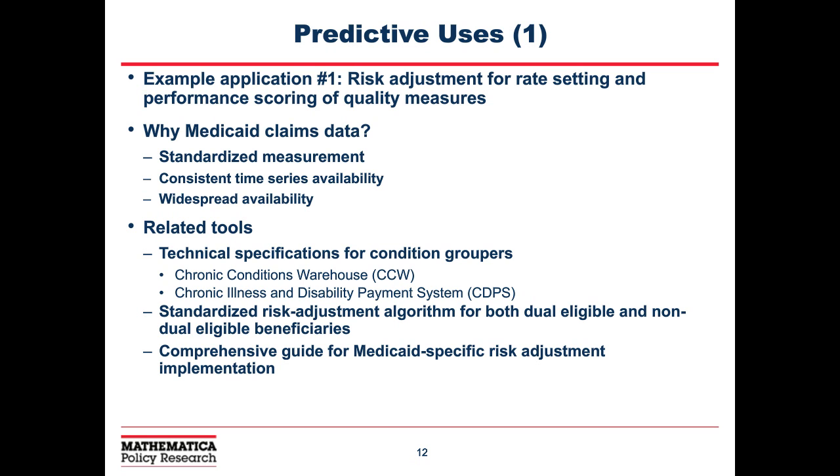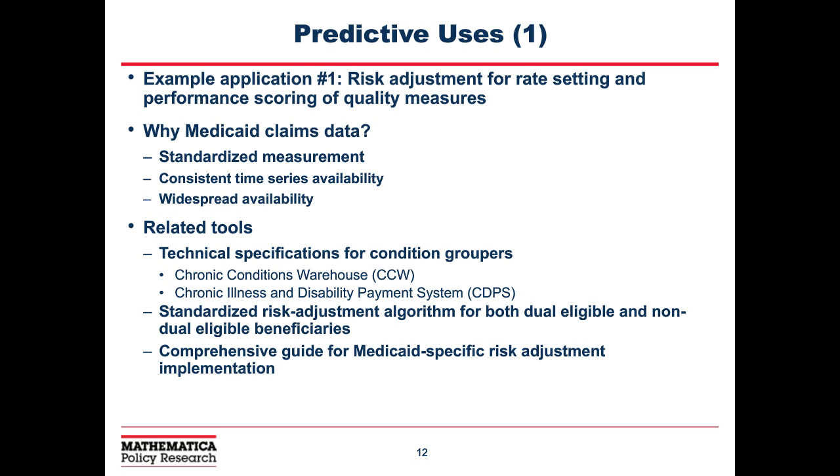I think the other thing I'd like to note specifically, though, is that often claims data are widely available to accountable entities, such as managed care organizations or ACOs, accountable care organizations, who will have these data on hand to construct quality measures or other measures themselves.